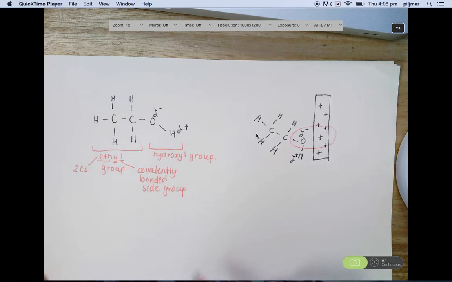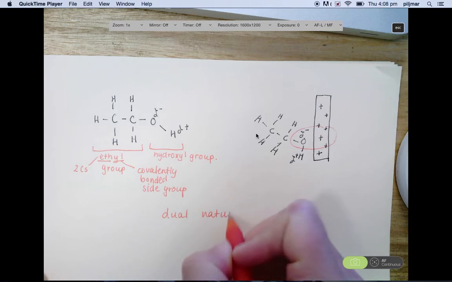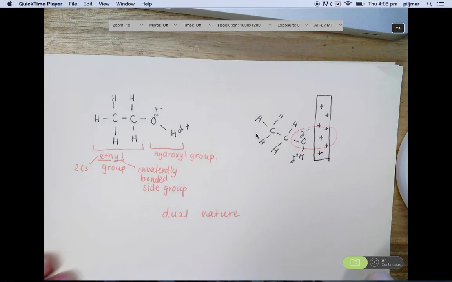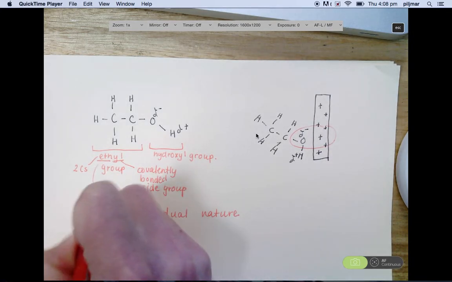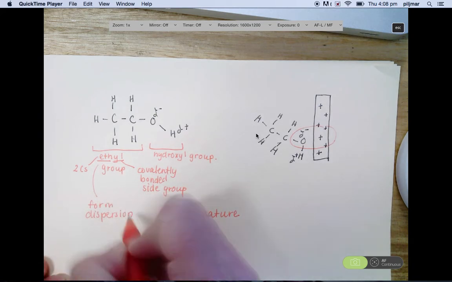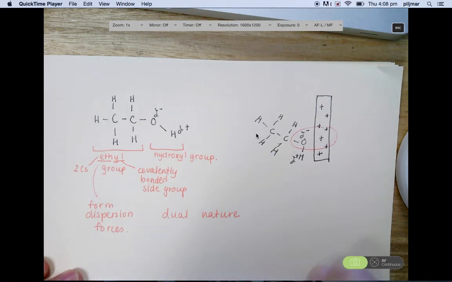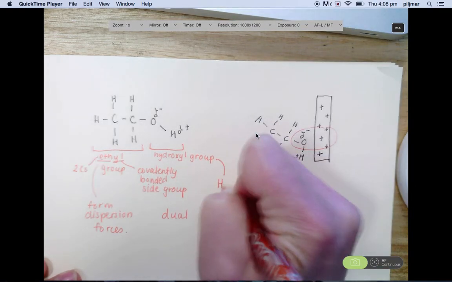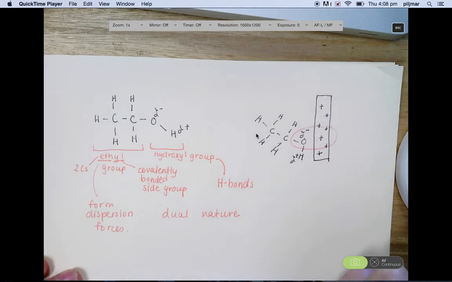So we say that ethanol has a dual nature, and that's in terms of its ability to interact with other substances. So we know the ethyl group will form dispersion forces with other substances that it interacts with in terms of intermolecular forces. The hydroxyl group is able to form the strongest type of intermolecular force, hydrogen bond.